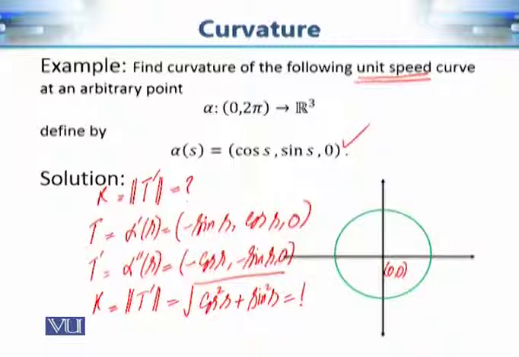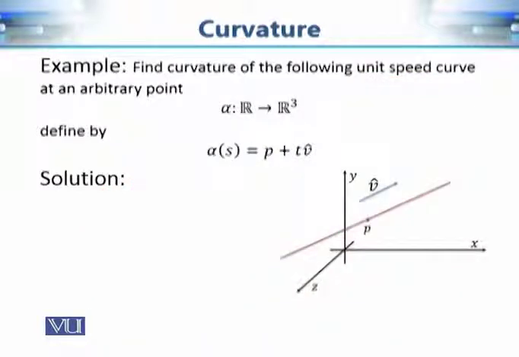We can see that this curvature function in this particular case of the circle is independent of the parameter s. Whatever point on the circle is given, the curvature is always going to be fixed and equal to 1. Hence it fits with our usual interpretation of the circle, that the rate of turning at each and every point of the circle is constant, and in this case this constant is equal to 1.